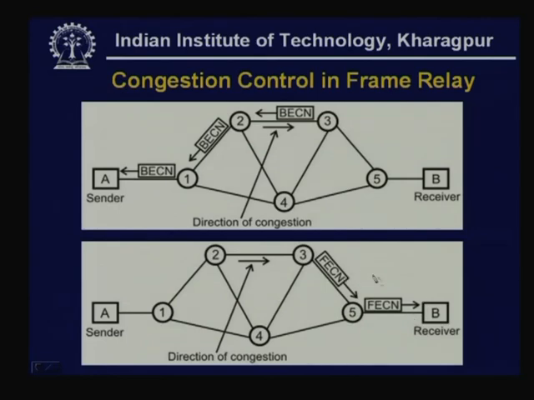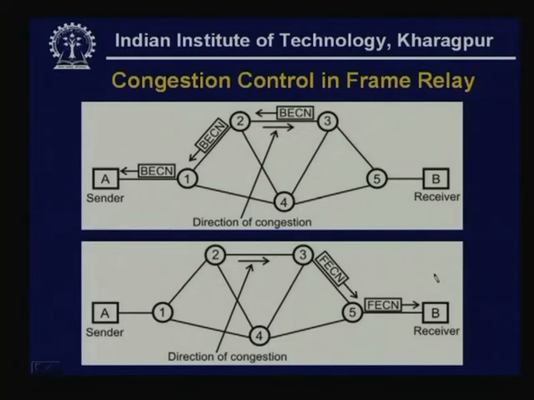The direction of congestion is the same in both cases, as you can see. Then the receiver is alerted about the congestion. Now, it is up to the receiver to inform the sender by sending a packet that it is necessary to perform flow control, so that it can come out of congestion.